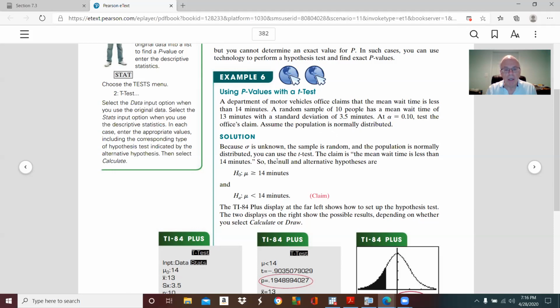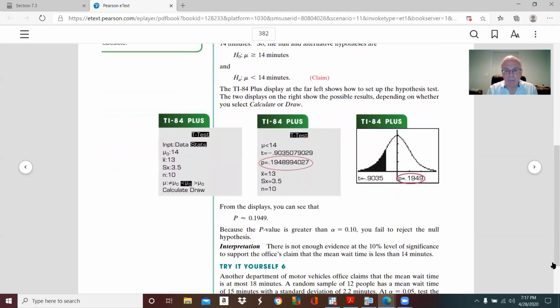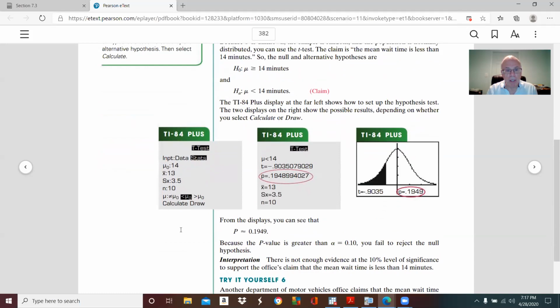Step number 1 is to state the null and alternative hypotheses. We know that the alternative hypothesis is the claim. And it even shows you here that you could go directly into t-tests in your calculator to come up with your solution.